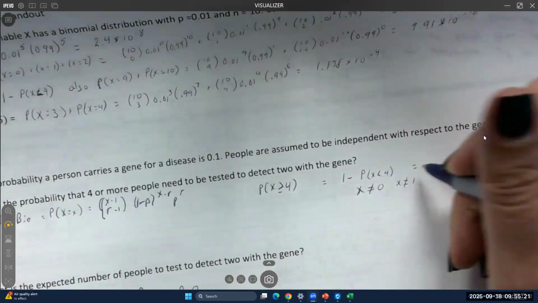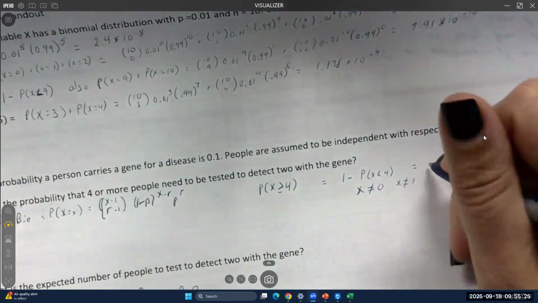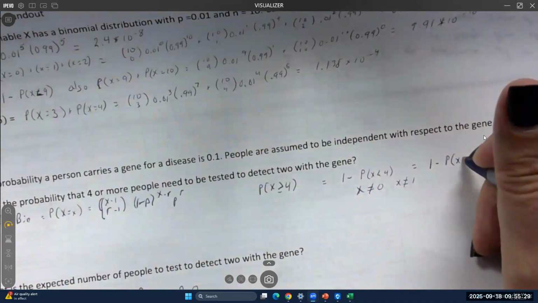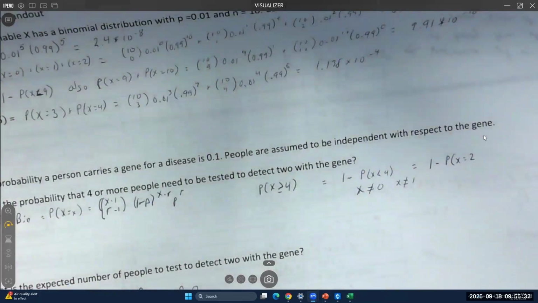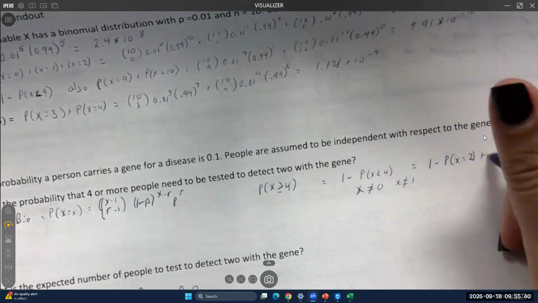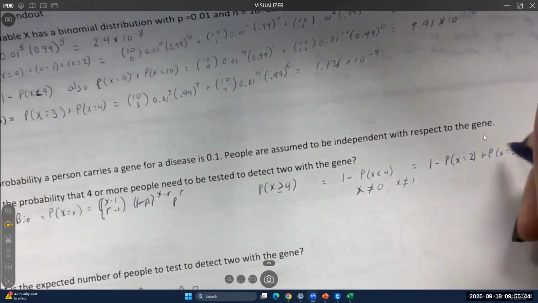So once I take out the impossible sample space, my null sample space, what I have is 1 minus the probability that x is equal to 2. So I test 2 people and then I find 2 people with the gene. That sounds really small, by the way. Plus the probability that I test 3 people and 2 of them have the gene.